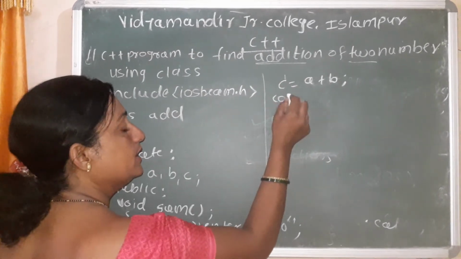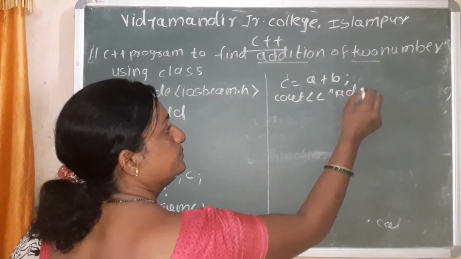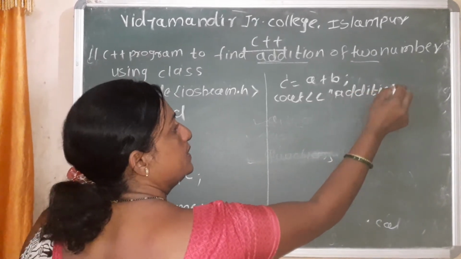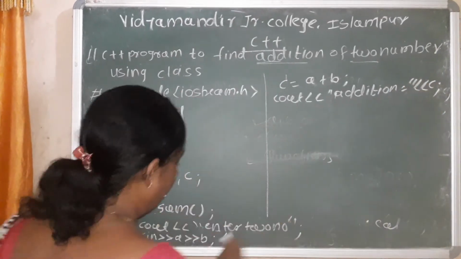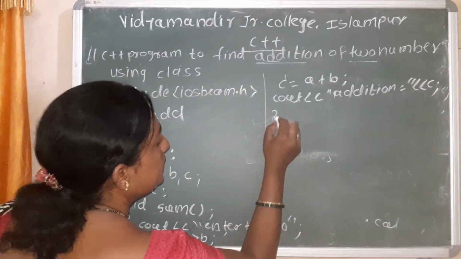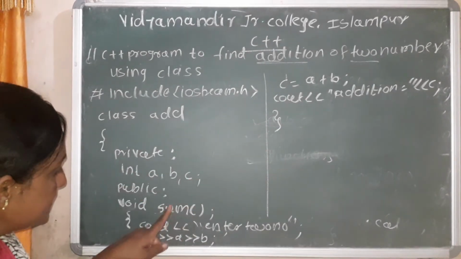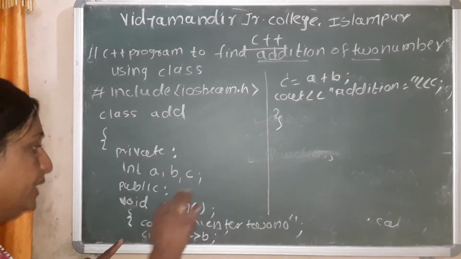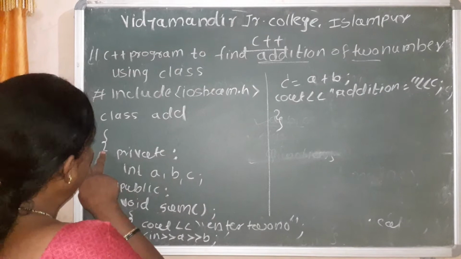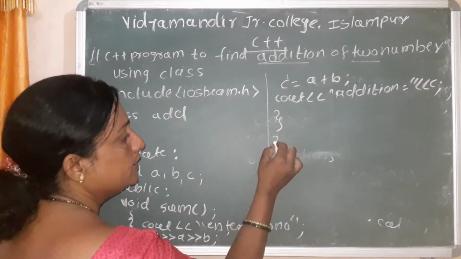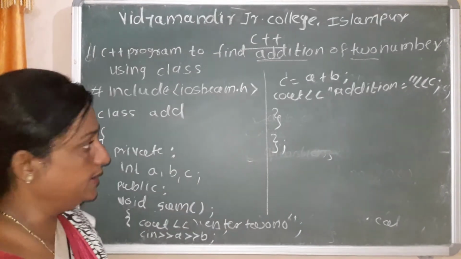We can also print it in this program: addition is equal to C. Here is the ending curly bracket. This bracket is the sum function's bracket, the content of the sum function body is finished, and after that we end the class declaration.